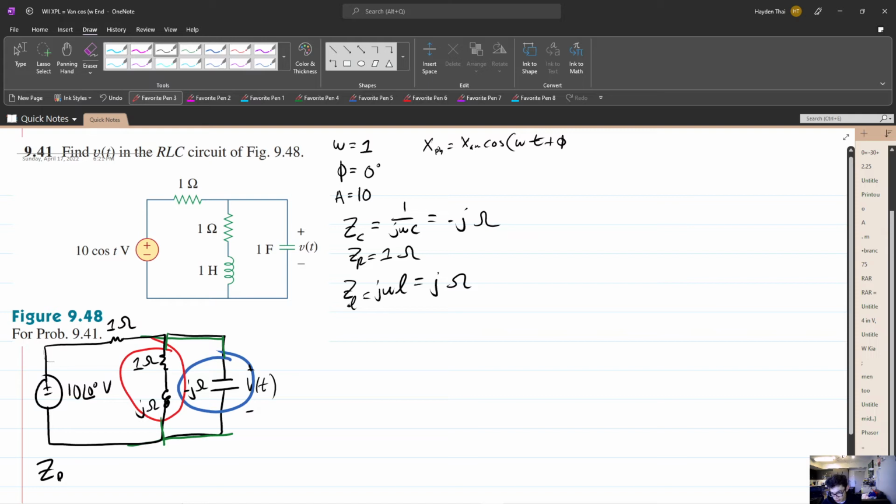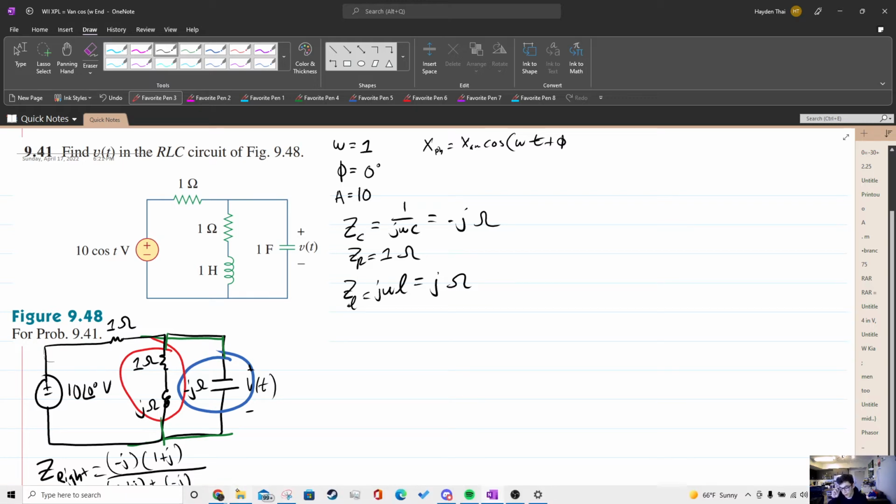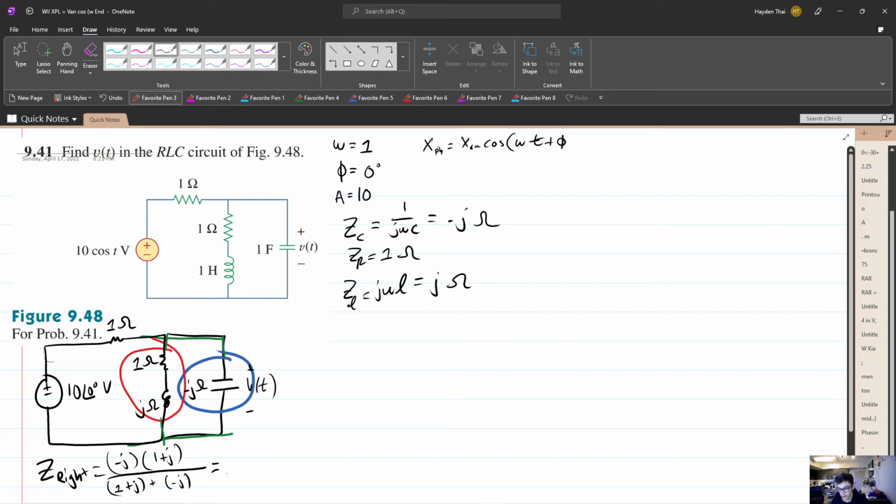I'm going to denote this as Z on the right hand side, and that's going to be minus J times 1 plus J, over 1 plus J plus minus J. The denominator evaluates to 1, obviously, and on the top we get 1 minus J. So that whole right hand side is 1 minus J.